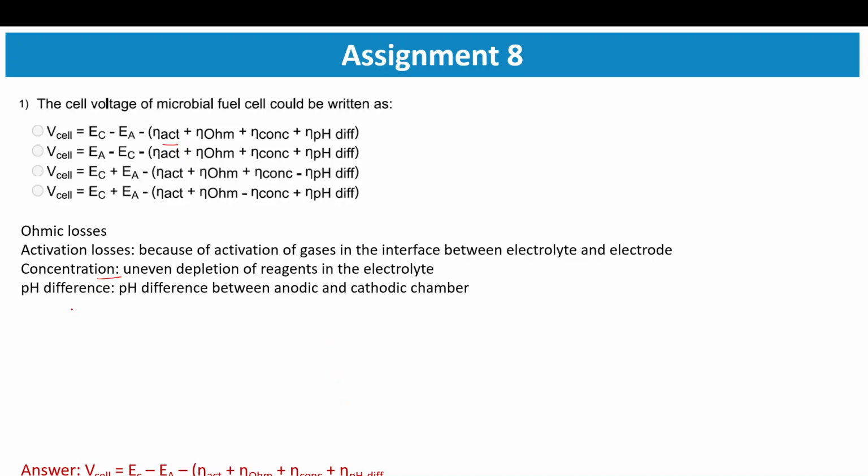And similarly pH difference in the chamber, because the anodic chamber produces H plus while the cathodic chamber consumes H plus. So there will be a huge difference in the pH at which the anodic and cathodic chambers are operating. So in that case, there will be some loss due to that also. So A is the correct answer here.